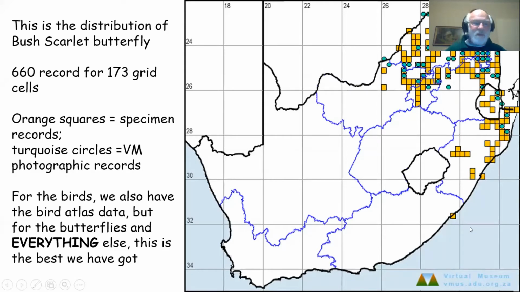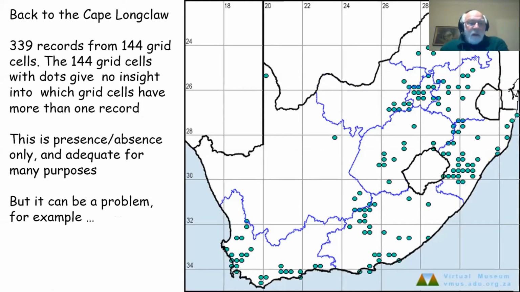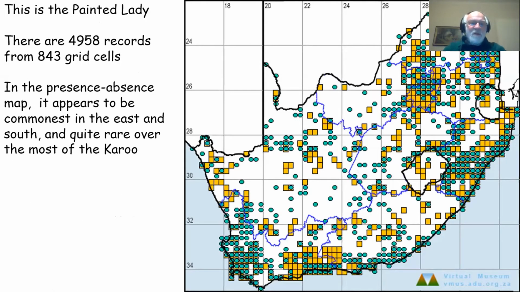So it needs some sort of interpolation to get it going. So 339 records from 144 grid cells for the Cape Longclaw presence-absence map. This is what we do a lot of presenting of. For some purposes, this might be perfectly adequate, but it can be a problem, as we'll see later on, for other species.